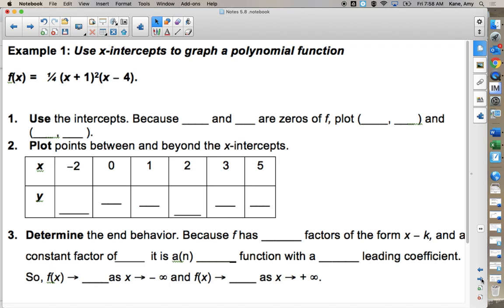We have 1/4 and then x plus 1 squared and x minus 4. So what would the zeros be of this function? So step number 1, use the x-intercepts. What are the zeros of the function, Jack? -1 and 4. And how do you get -1 and 4?